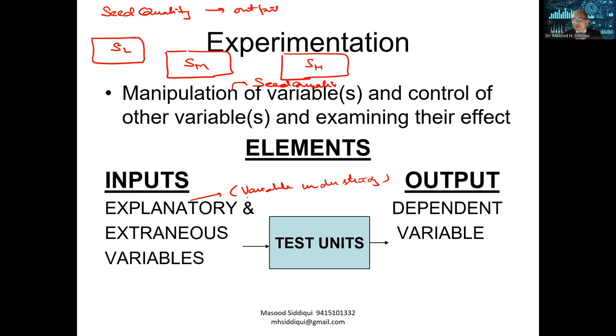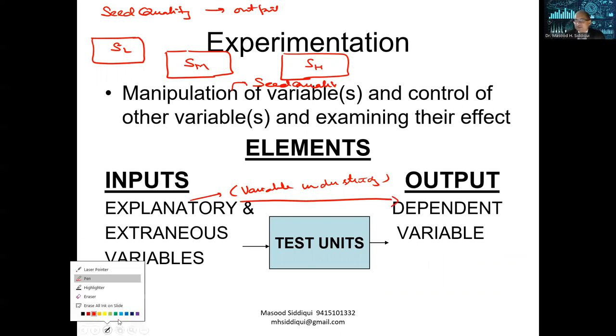This is the explanatory variable, right? And we try to establish a cause and effect relationship between the explanatory variable and the dependent variable, that is in the form of output.